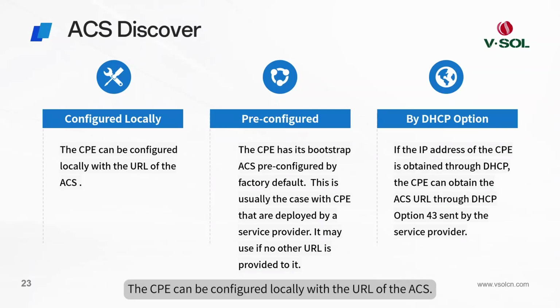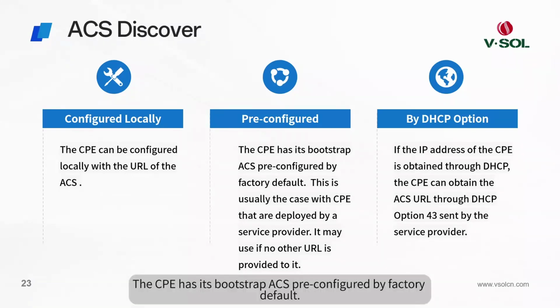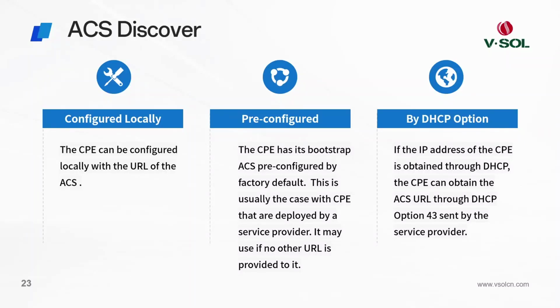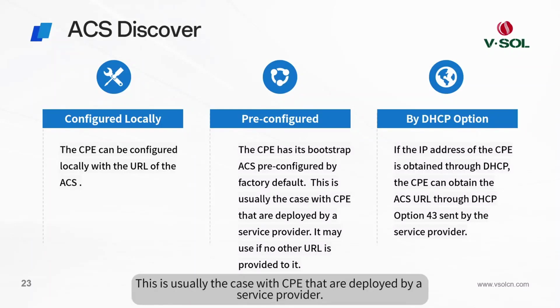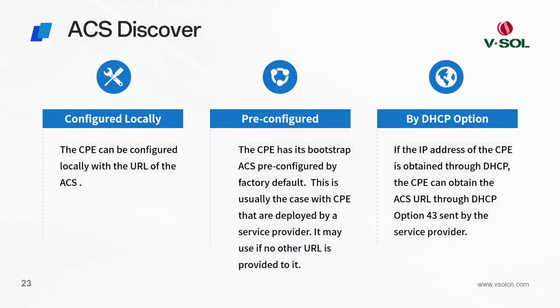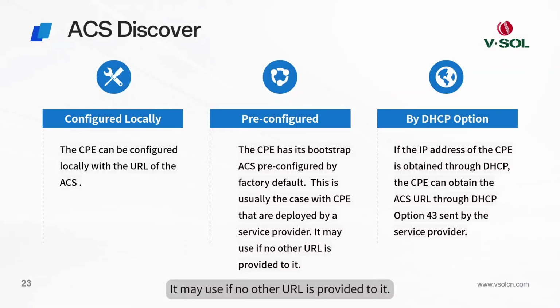The CPE can be configured locally with the URL of the ACS. The CPE has its Bootstrap ACS pre-configured by factory default. This is usually the case with CPE that are deployed by a service provider. It may use it if no other URL is provided to it.